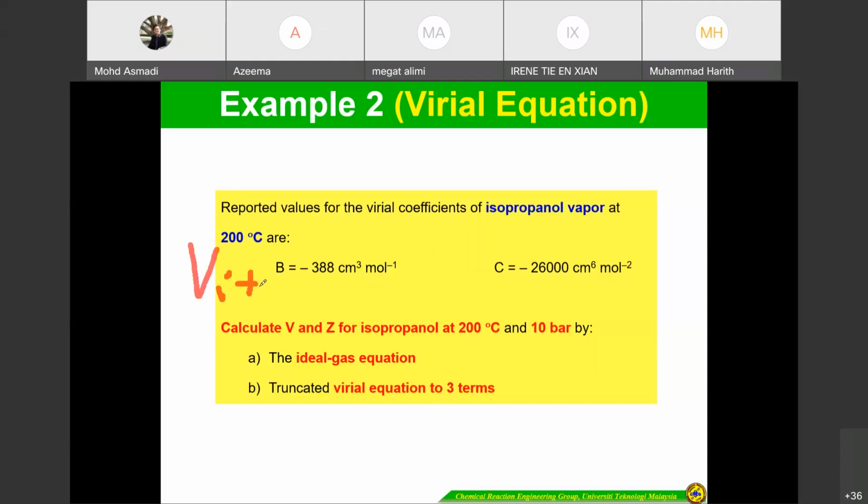V = 1 plus ... RT over P. Betul? Lepas tu kurungan 1 plus BV plus CV square. Yalah, betul. Lepas tu kalau masuk saya dapat 3539. Berapa iteration awak buat ni? 5 kot.